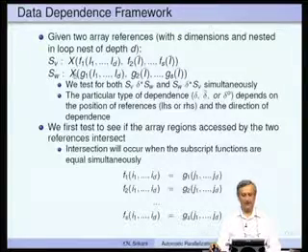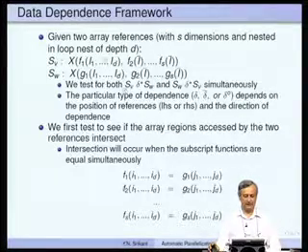Similarly, SW has another reference to the same array x with subscripts g1, g2, g3 etcetera, each of which is again a function of I1 to ID. So, the question is whether these two references intersect and access the same memory location.